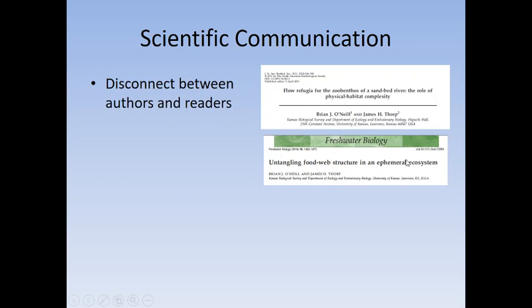Actually, this is a different project here, but again, this is from some of my graduate work, from the Journal of Freshwater Biology. And I'm sure all of you have read that, right? You've all read the Journal of the North American Benthological Society. Really what we see is there's a disconnect of how we do science and then how we present it to the public.